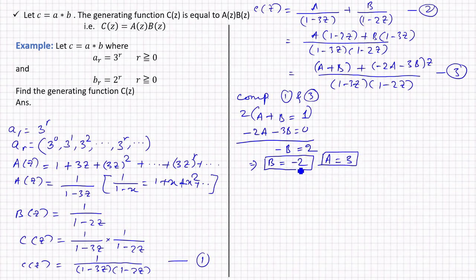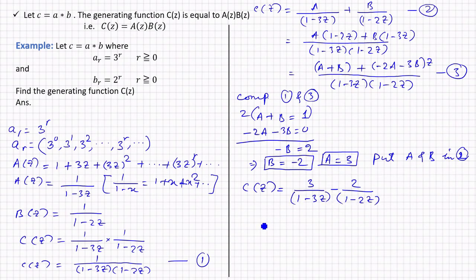Now put the values of A and B in equation 2. So we get C(z) equal to 3 divided by 1 minus 3z, and B is minus 2, so minus 2 divided by 1 minus 2z.